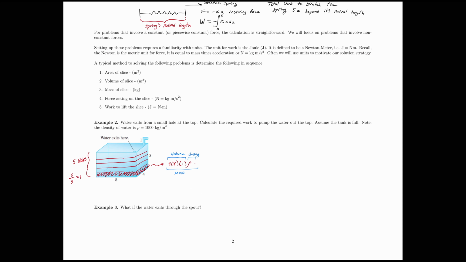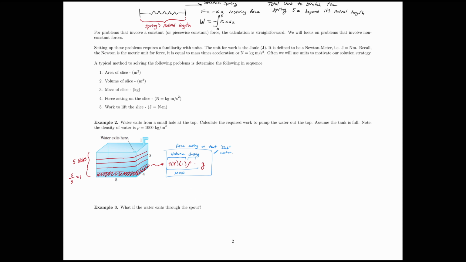So before we lift it, we need to think about what is the force of gravity acting on this mass. Well, we have to multiply by g, the acceleration due to gravity. So now this full thing right here, everything in the box, this is the force acting on that, let's say in quotations, slab of water.